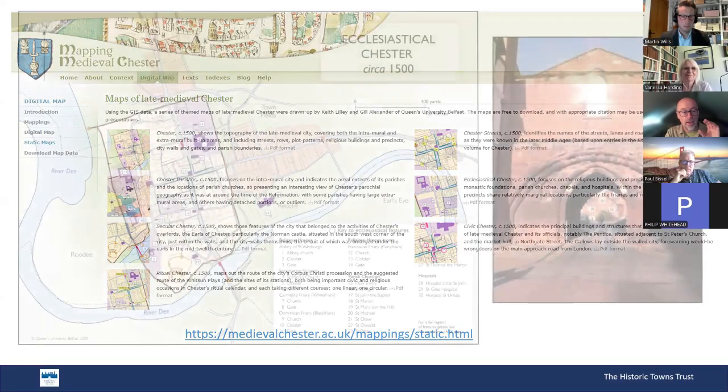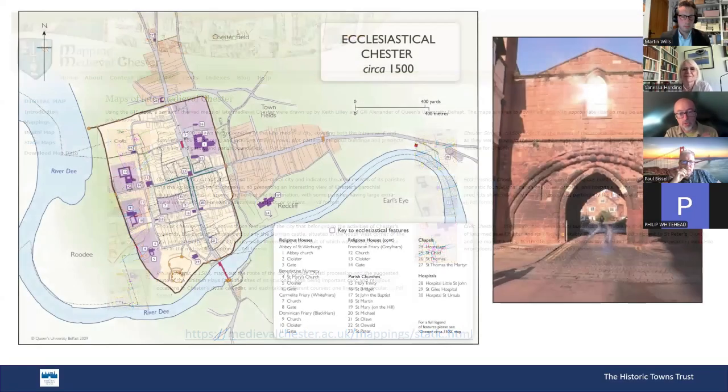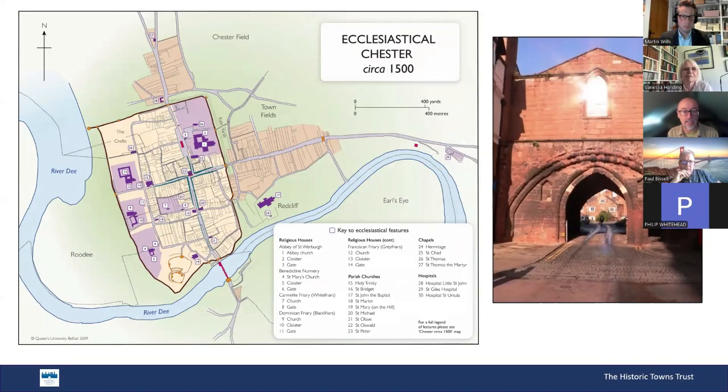One of the examples which we produced from Mapping Medieval Chester was this one, Ecclesiastical Chester circa 1500. There you can see all the ecclesiastical or religious features of late medieval Chester highlighted. So the mendicant orders, the housing mendicant orders, are these ones identified over here on the west side of the city centre.